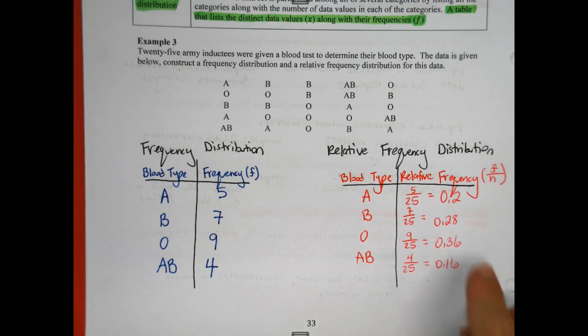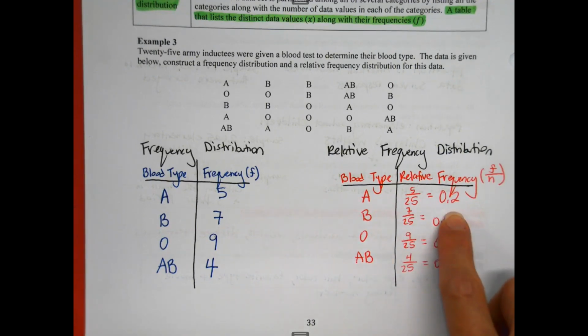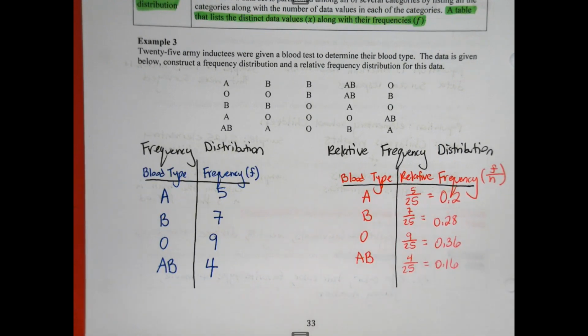We can look at this and say 20% have blood type A, 28% have blood type B, 36% have blood type O. We can easily and quickly see what percentage. The other nice thing about relative frequency distributions is that if you have two data sets, the way that we can compare two data sets if they don't have the same amount of items in them is by using relative frequencies.